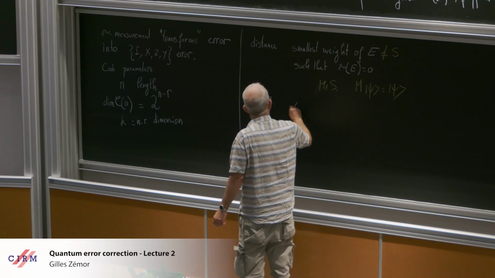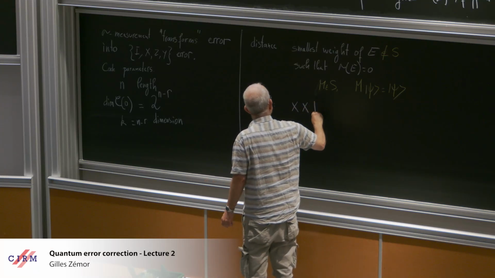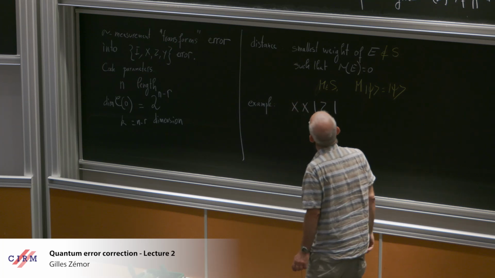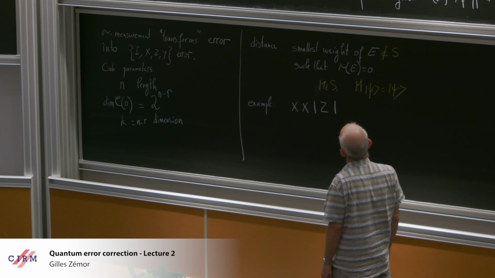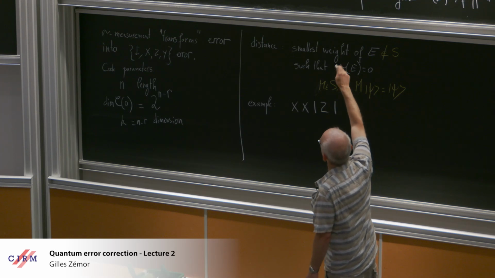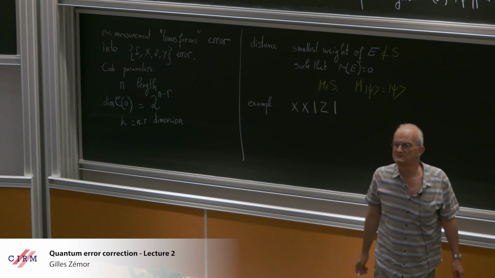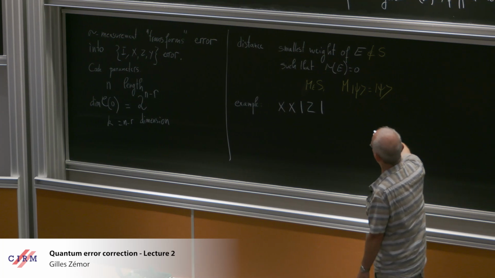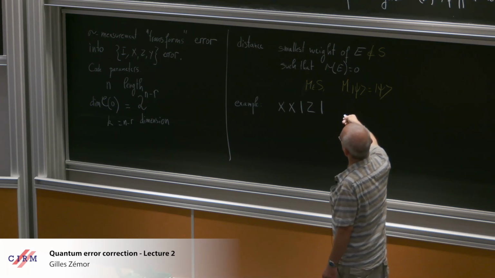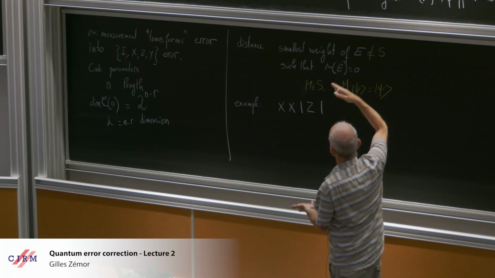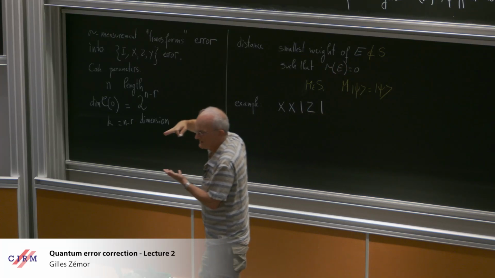So for example, in the 5-qubit example, we could have XX identity, Z identity, and you can check that it commutes with all 4 generators. For example, with the first generator, we'll have exactly 2 coordinates, the second and the fourth, where an X and a Z meet.